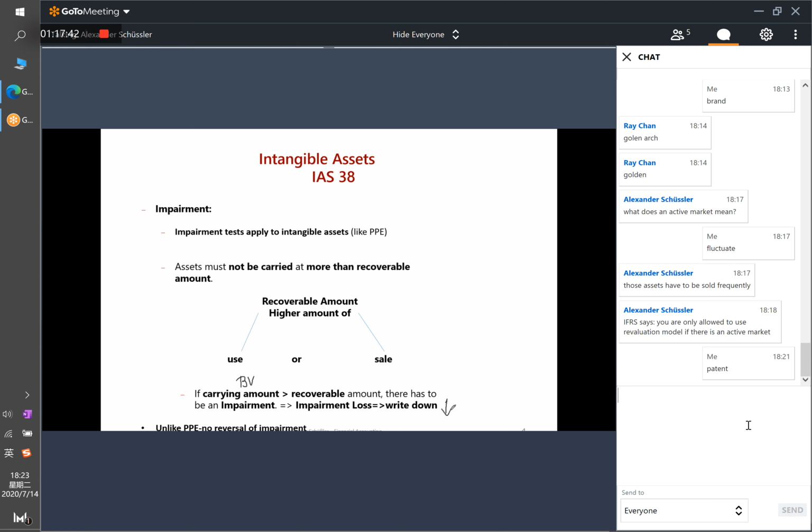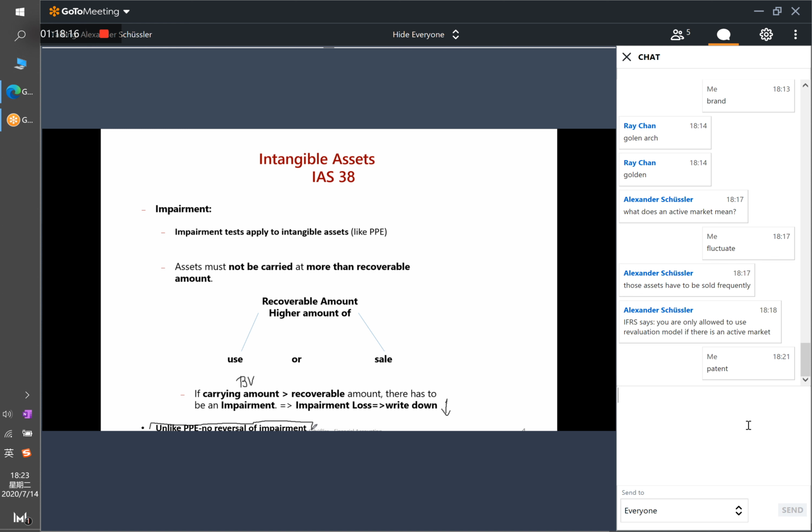The only difference is that, unlike property, plant, and equipment, there is no reversal of impairment. Once it's written down, there is no reversal of the impairment.